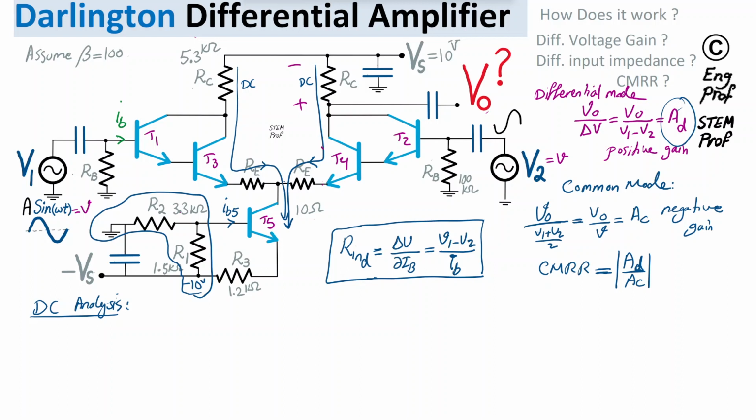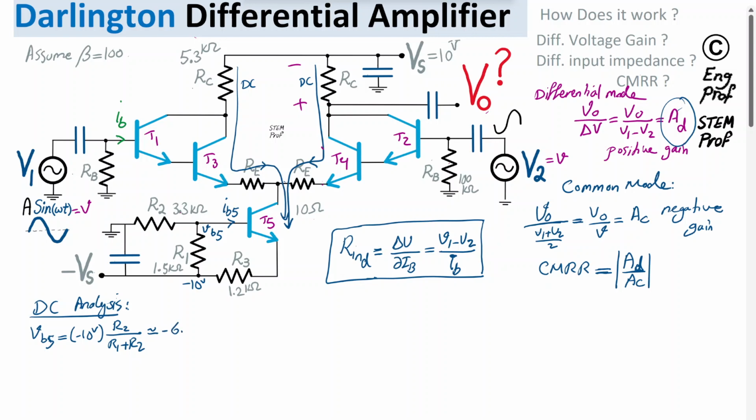The voltage at the base of transistor 5 equals negative 10 volt doing a voltage division across R1 and R2, so it's R2 divided by R1 plus R2. Substituting 3.3K and 1.5K, we get roughly negative 6.9 volt at the base of transistor 5.